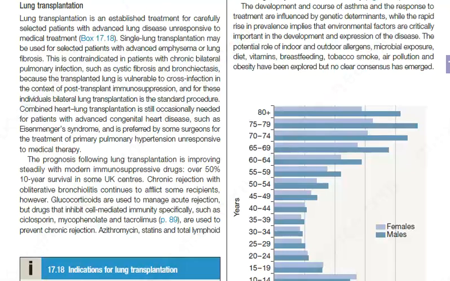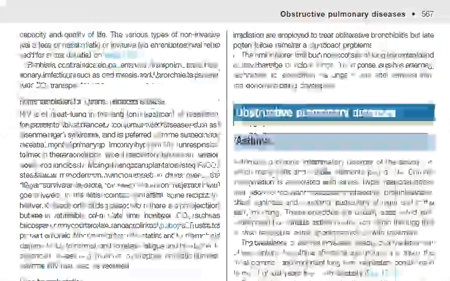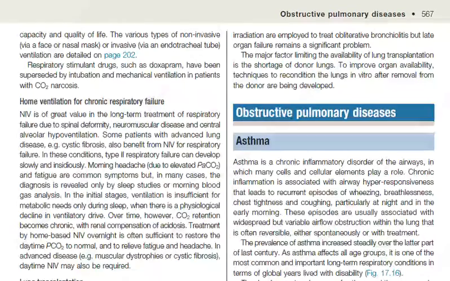Glucocorticoids are used to manage acute rejection, but drugs that inhibit cell-mediated immunity, especially cyclosporine, mycophenolate, and tacrolimus, are used to prevent chronic rejection. Azithromycin, statins, and total lymphoid irradiation are employed to treat obliterative bronchiolitis, but late organ failure remains a significant problem.